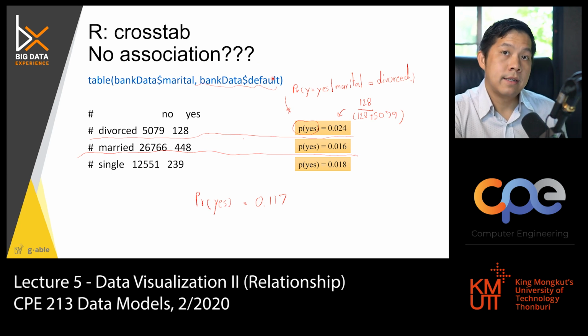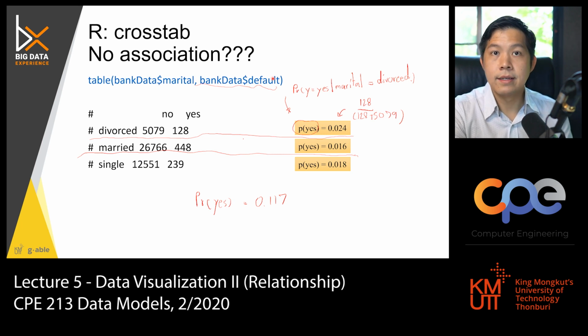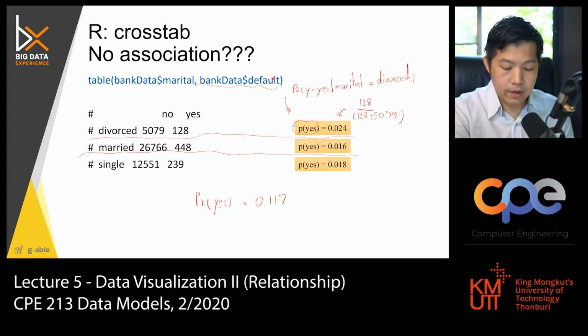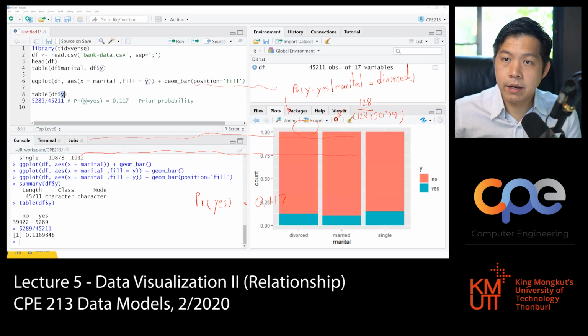Default status means that the account got, simply speaking, banned from doing transactions because the customer has not paid. So I want to know the association between the two in this case. And that means I should compute a different prior. The prior here should be the prior about the default.